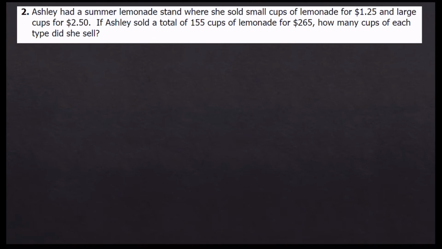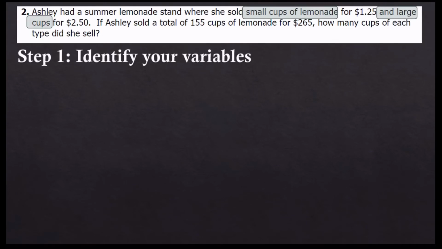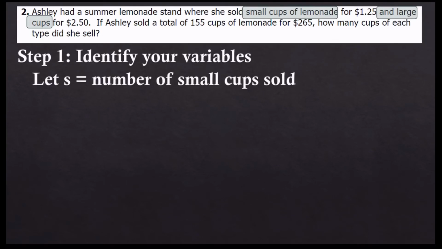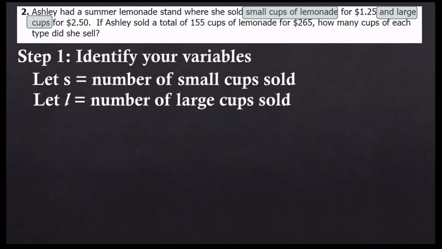She sold small cups and large cups. Right there, if we define our variable, I'm going to let S equal the number of small cups. Because remember, that's what we're looking for. We're looking for how many of each. So S is the number of small, and L, and I kind of did a slanted L, is the number of large. And it's the number of those sold. It's not their price. We already have their price.